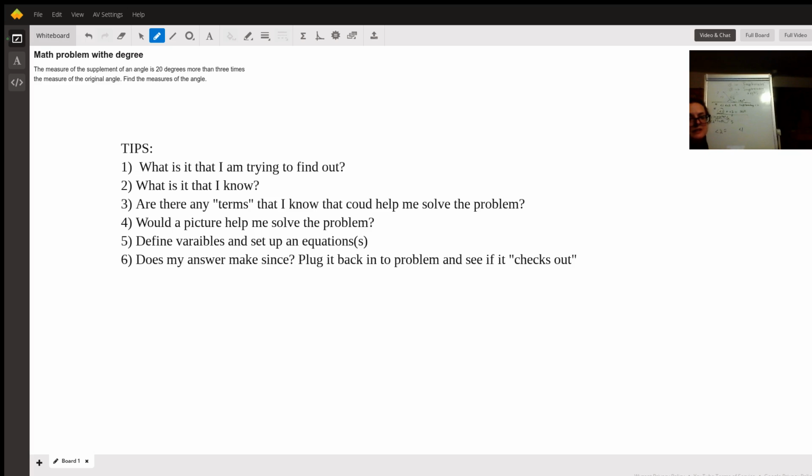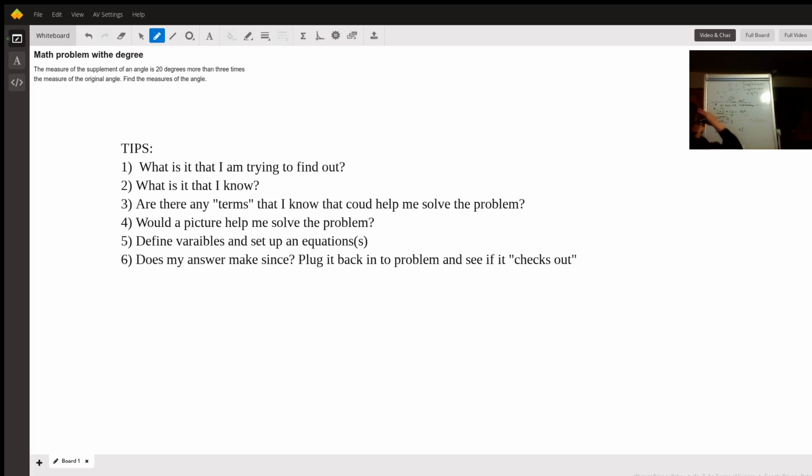It says, the measure of a supplement is angle 2. And the supplement angle is 20 degrees more than 3 times the measure of the original angle. My original angle here is angle 1. And it's saying that this is 20 more. So when I hear the words 20 more, this is going to mean plus 20.